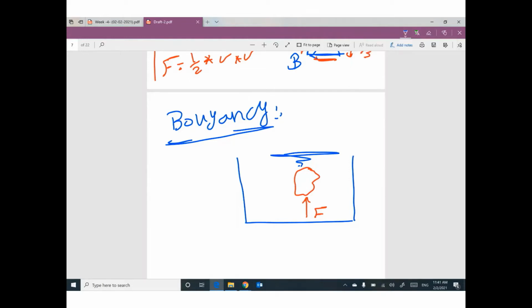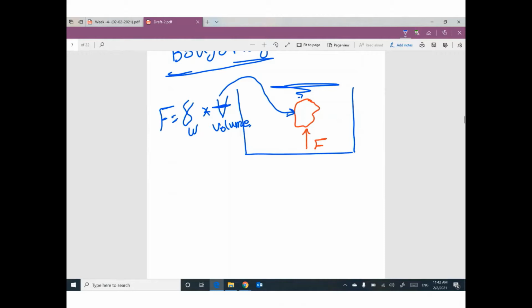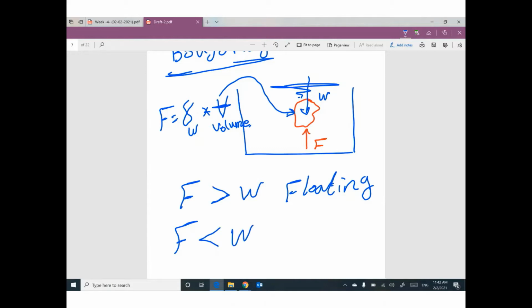This buoyant force equals gamma of this fluid, which is water, times the volume of this body. If the buoyant force is greater than the weight of this body, we can expect floating. If the buoyant force is smaller than the weight of this body, we can expect sinking of the body.